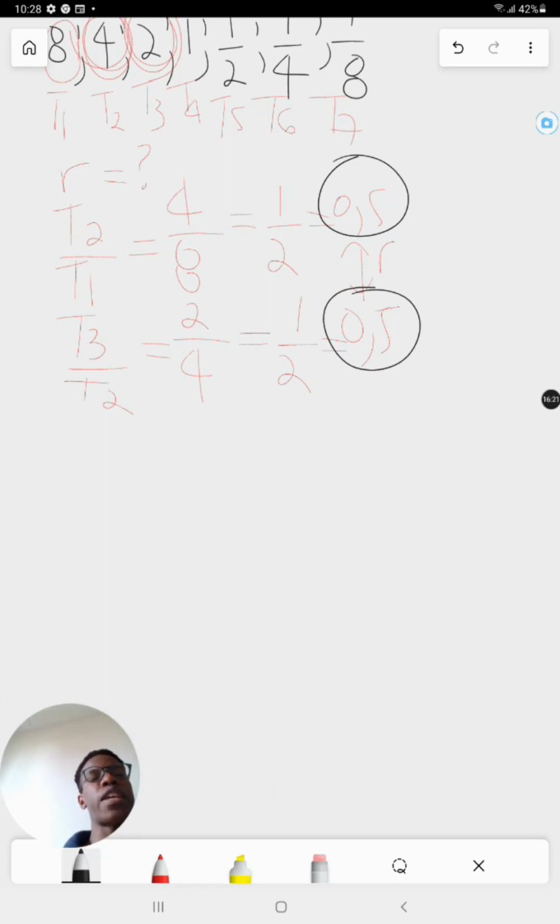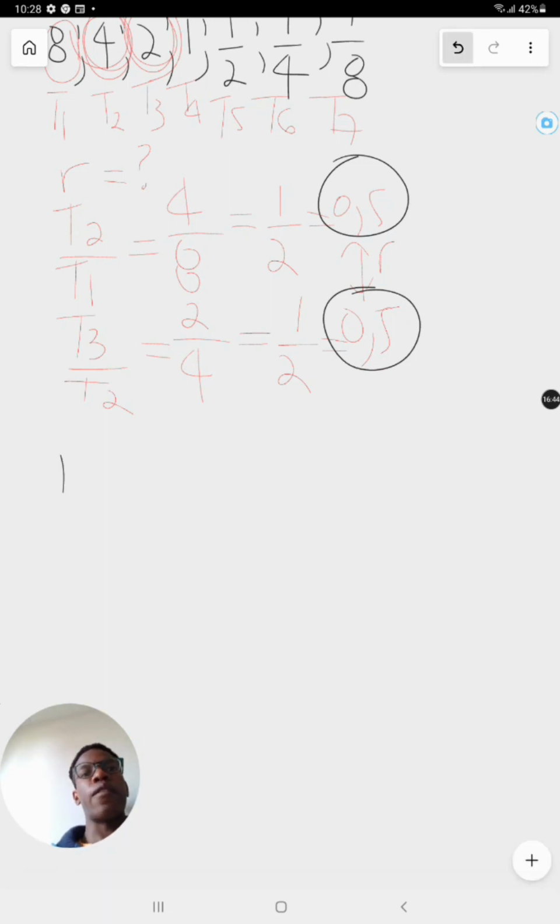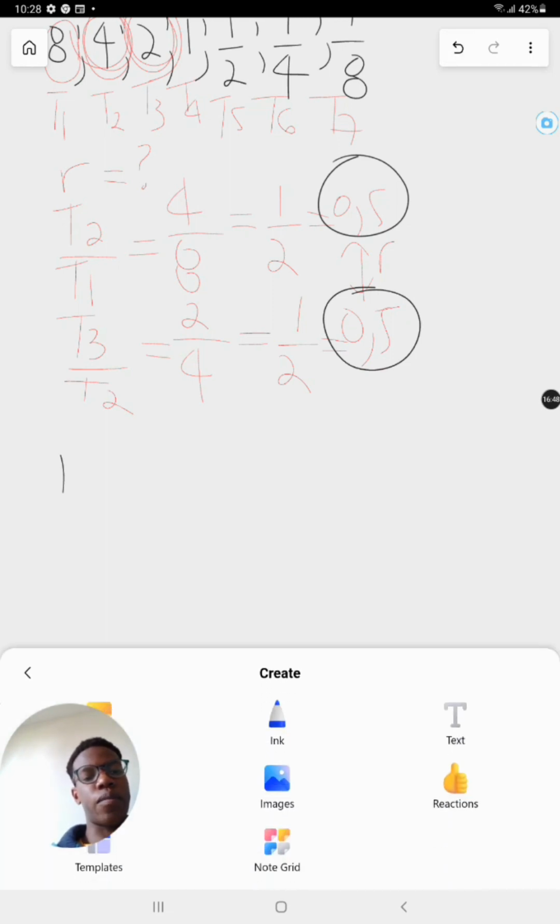So far, the examples that I've been dealing with are examples whose value of R has always been a non-decimal number, and they were also bigger than 1 in all the instances. If you notice this value of R here, let me just erase this.